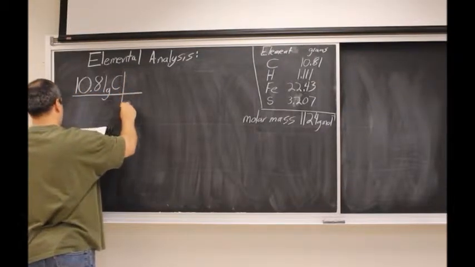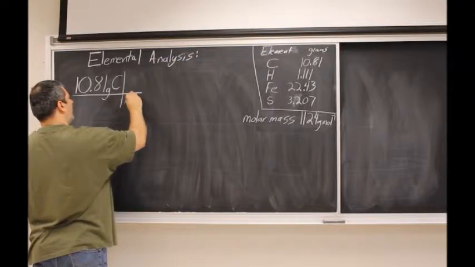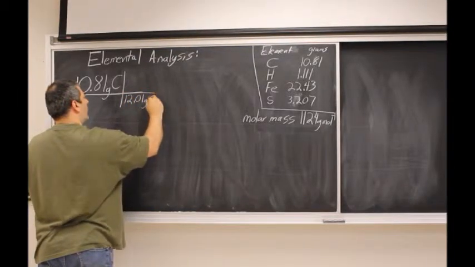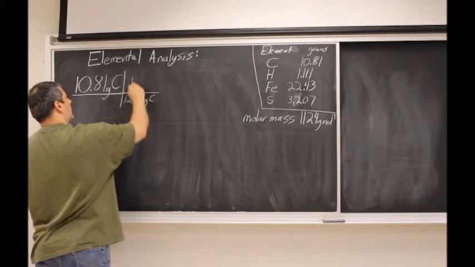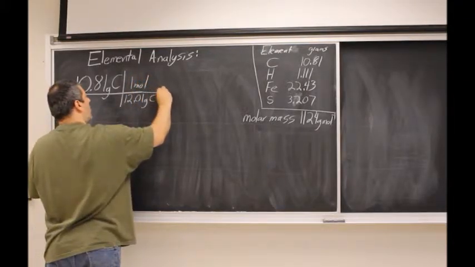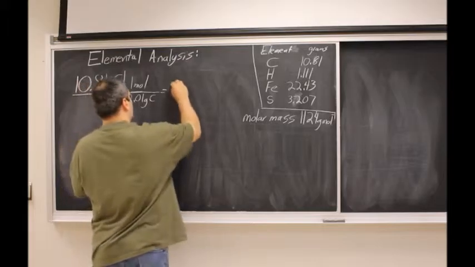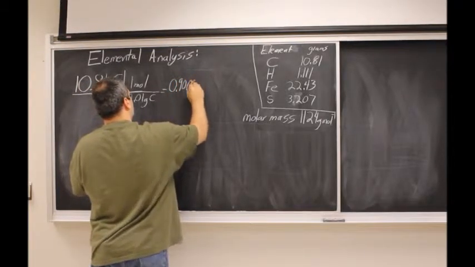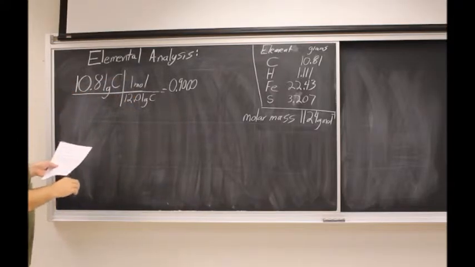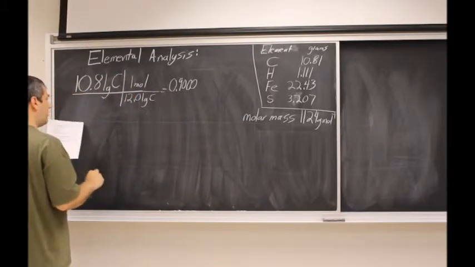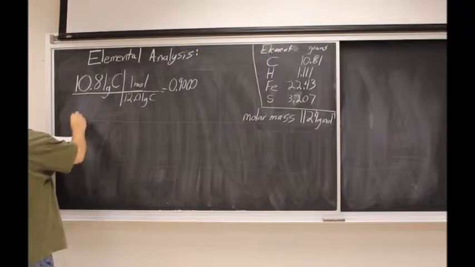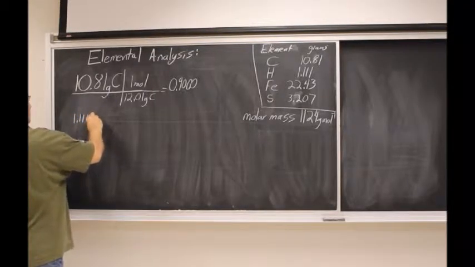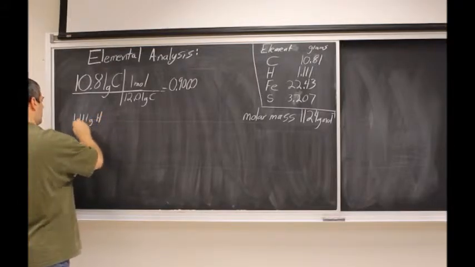So, 10.81 grams, to convert it to moles, 12.01 grams of carbon is 1 mole of carbon, which gives 0.9 moles. I'm going to leave the unit off, and you'll see why in a second. Next, grams of hydrogen.